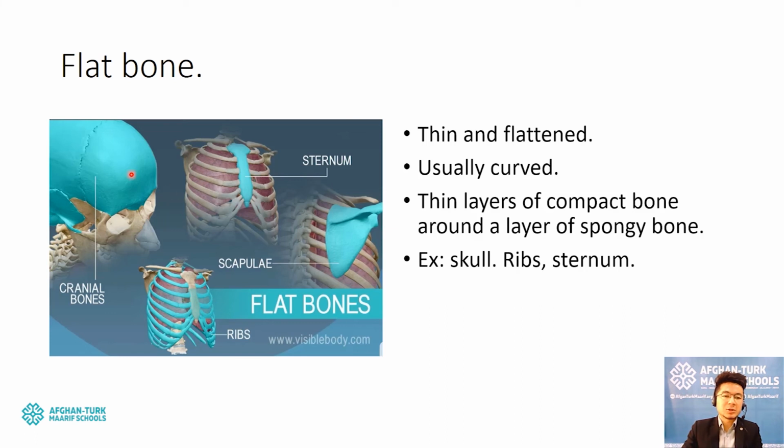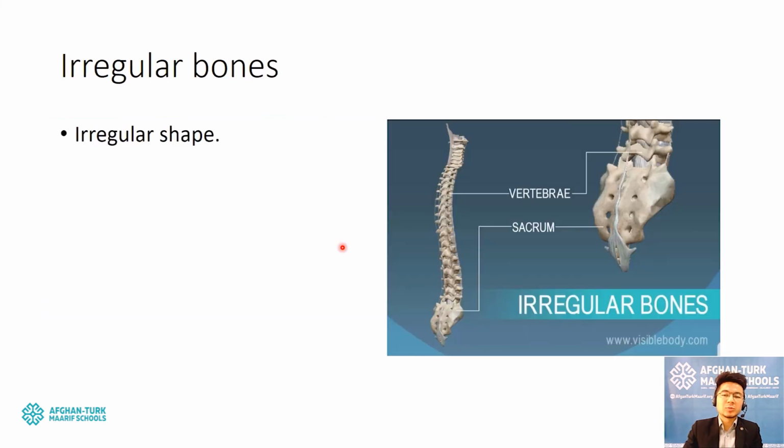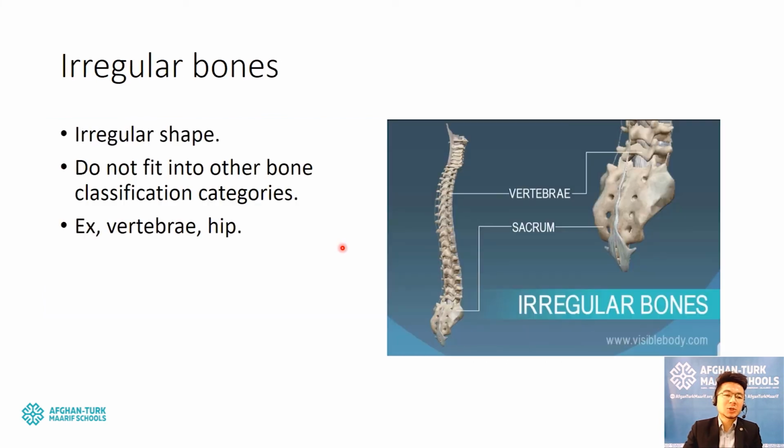For example, the skull, our rib cage, and also our sternum. Irregular bones. Irregular bones are the bones which have no regular shape, and they are not classified in any of the classes of bones that we have studied. For example, the vertebra and also the hip.